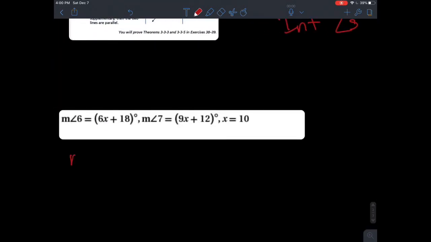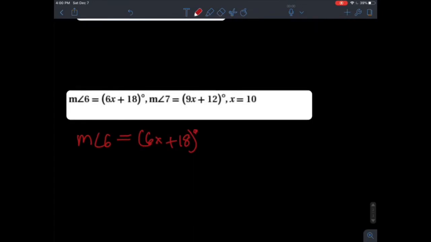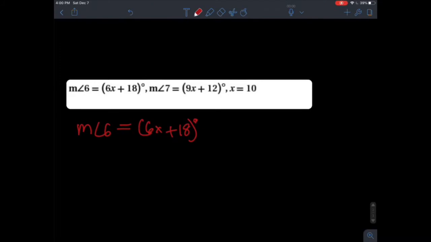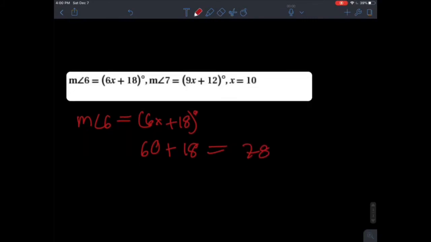So we have measurement of angle 6 equals 6x plus 18 degrees. So x equals 10, so 6 times 10 is 60 plus 18, 78.